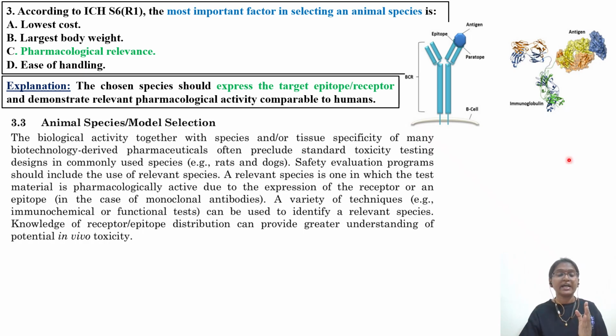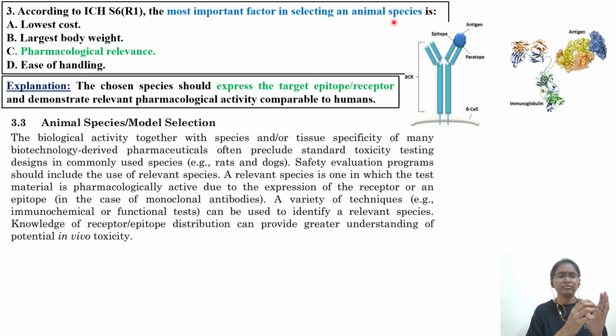The question is, according to the ICH S6(R1) guideline, what is the most important factor in selecting the animal species? In the case of biologics, for the biologic to bind, there should be a receptor, and that receptor should be available in the animal model in which you are conducting the test.